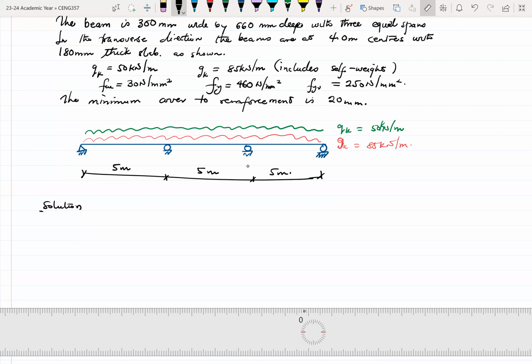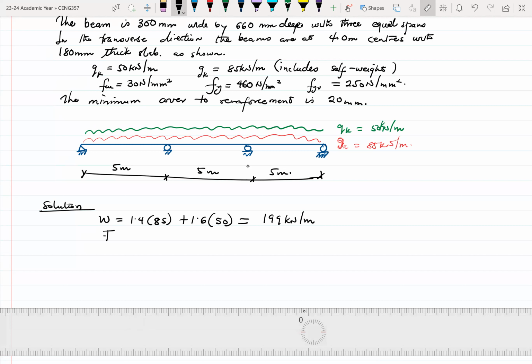Okay. So our W will be 1.4 times 85 plus 1.6 times 50. All right. And if we do the math, that will give us 199 kilonewtons per meter. Okay.